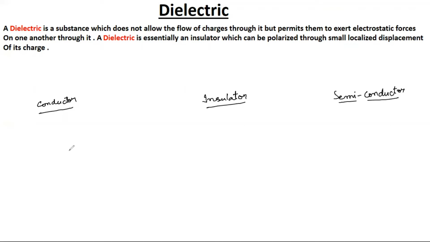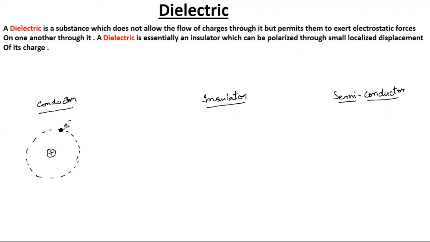Okay. In case of conductor, let's say that you have an atom, this is the nucleus, and let's say that this is my valence orbit, the outermost orbit, and let's say that you have an electron there in this outermost orbit. Now, in case of conductor, this electron is not that strongly bound to the atom, that is, to the nucleus.